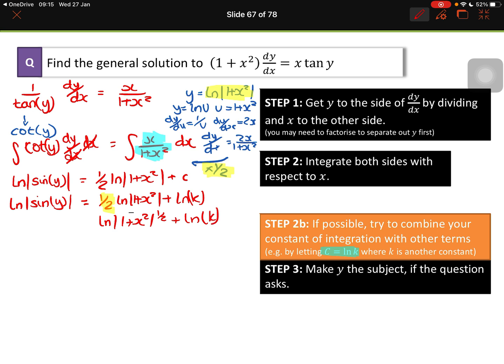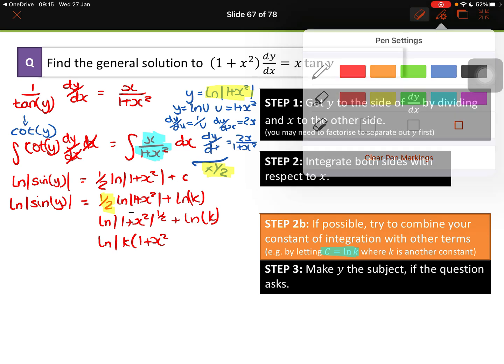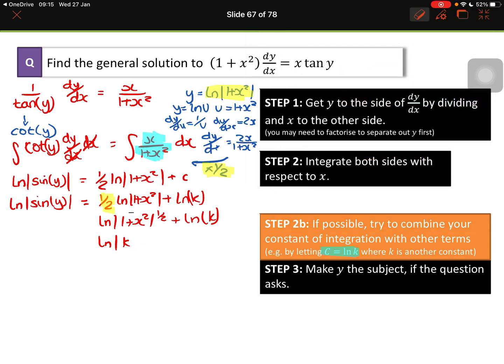And then I know when I add log naturals, I can multiply the arguments together. So it's going to be log natural k lots of 1 plus x squared to the power of a half. Rather than using the power of a half, we can change that to k root 1 plus x squared.